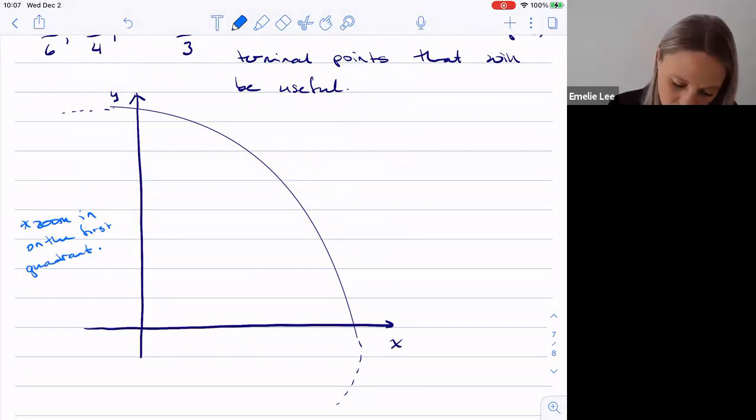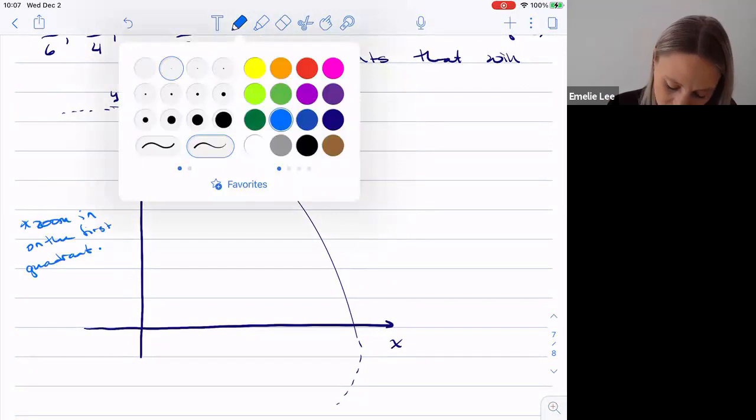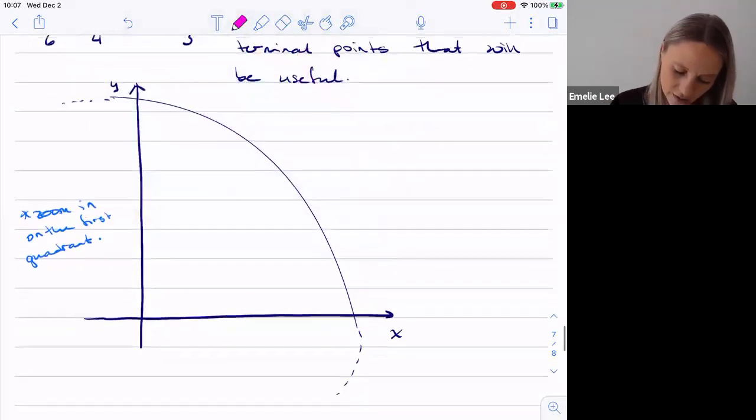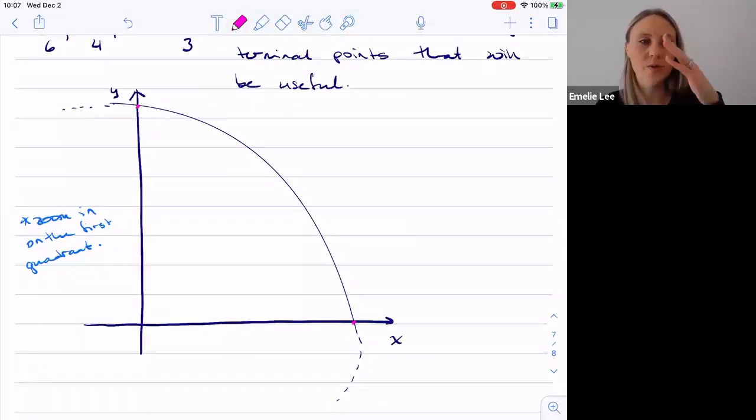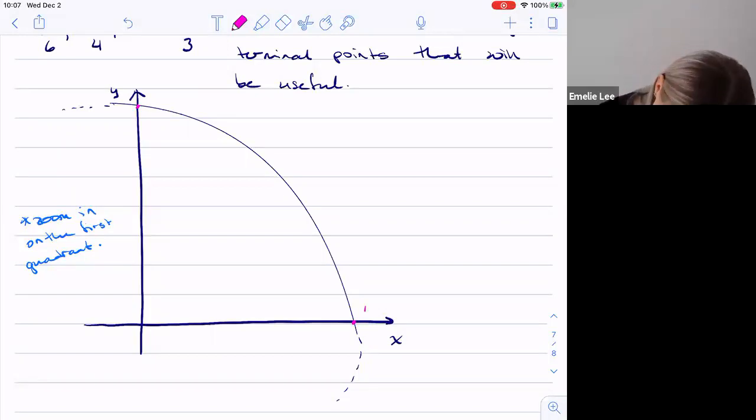So what happens is we've got 3 points. We started here and we went here. So we know those points, (1, 0) and (0, 1).